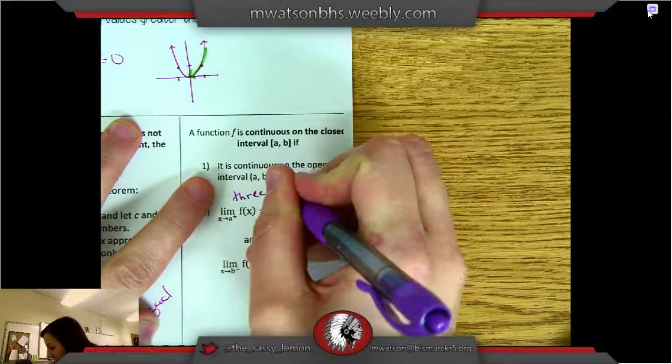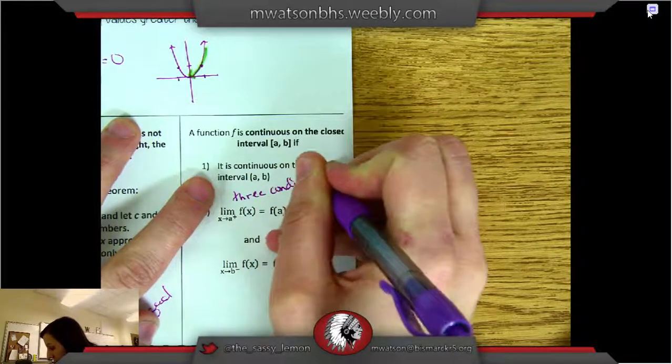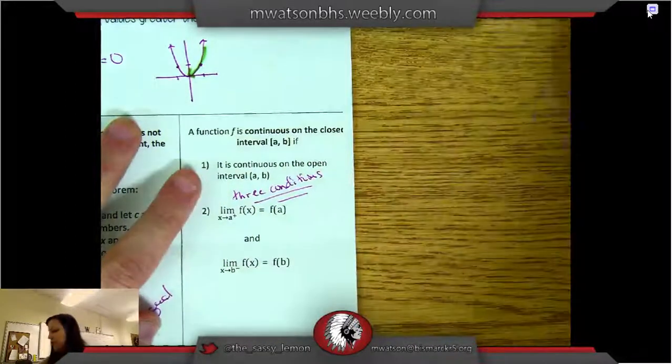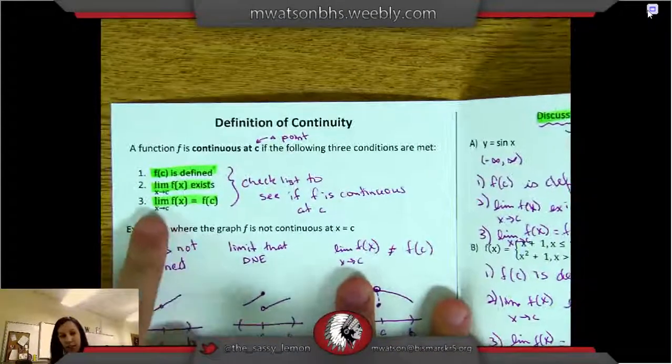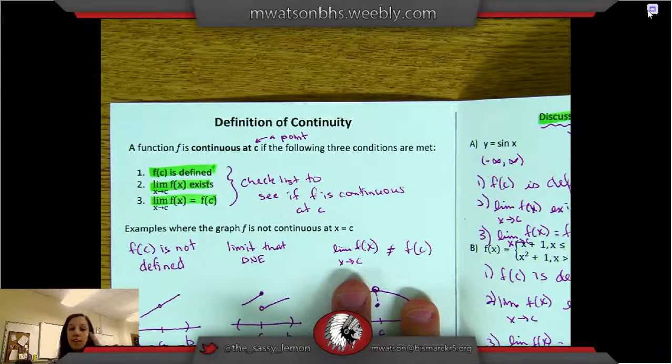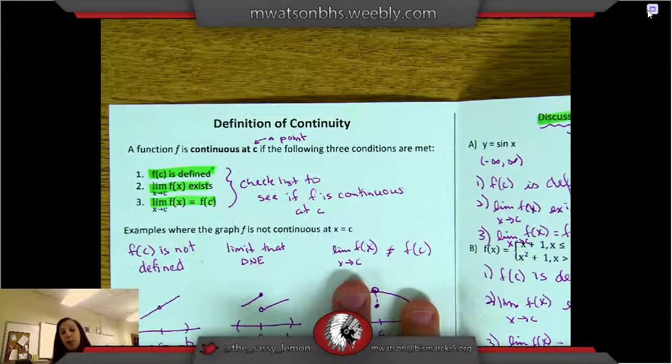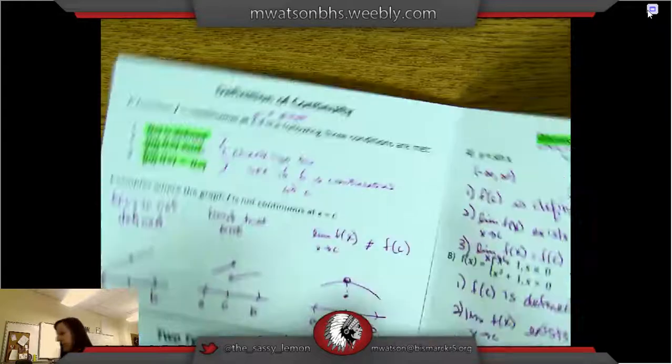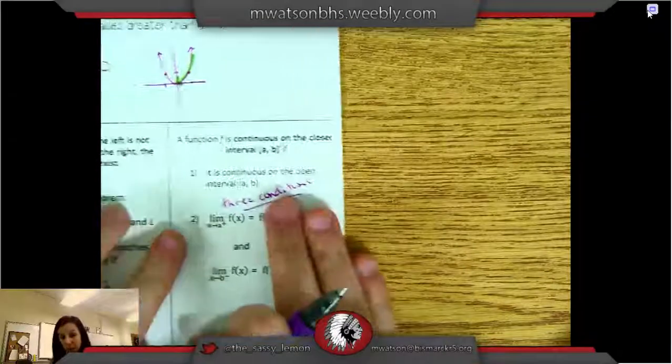And so if we just look back really briefly, we can see those 3 conditions where f of c is defined, the limit exists as you approach c, and then those 2 values are the same.